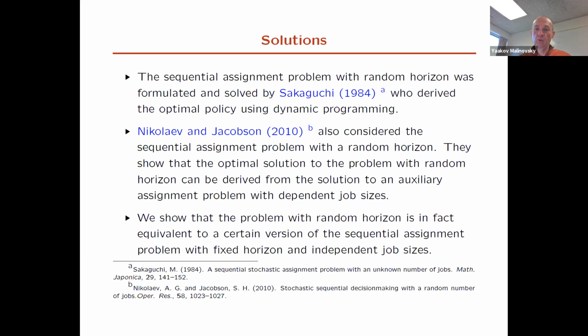If the support is infinite, we can only produce an epsilon optimal policy depending on the tail. And then we need to reformulate the random variables. New random variables are introduced, and based on these new random variables, which are reformulated from the old ones and the horizon distribution, we can reduce the problem with random horizon to a fixed horizon.